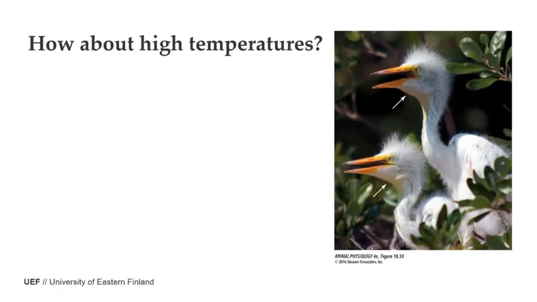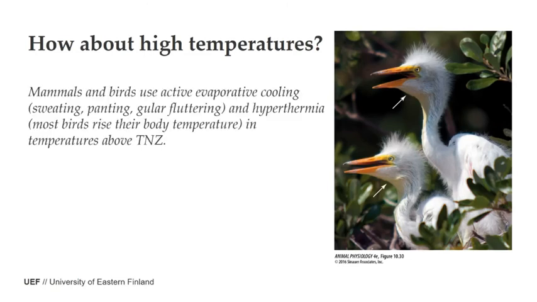But what about high temperatures? We have different ways to cool by evaporation. We can sweat, we can pant, and birds have gular fluttering. So they are moving air in and out of the throat and evaporating water. But we also have hyperthermia.